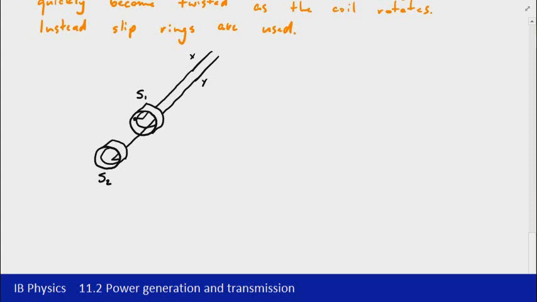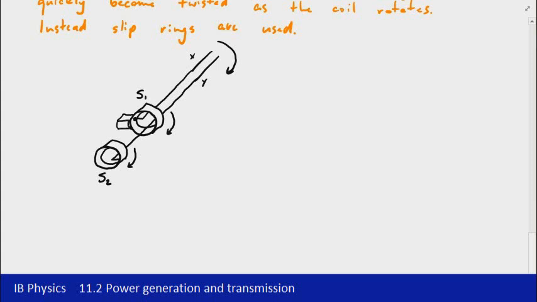So as the wires X and Y rotate around this way, the slip rings S1 and S2 will likewise be rotating around, but S1 will be permanently connected to X, and S2 will be permanently connected to Y. Now, brushing up against those, we have brushes.